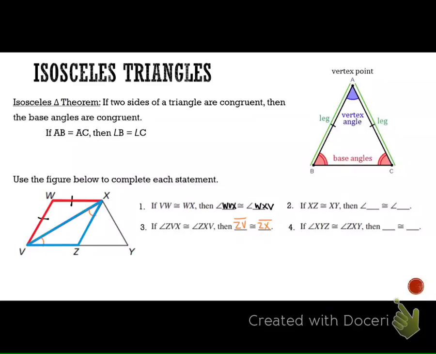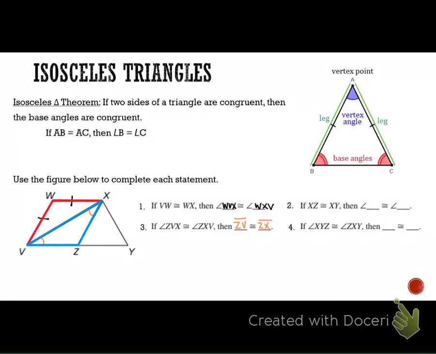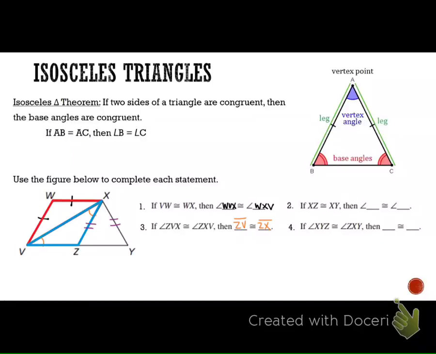Okay, so Kylie. If XZ is congruent to XY, what do you know? So you're on if sides, then you're finding angles. Wouldn't it be then XZY is congruent to XYZ?